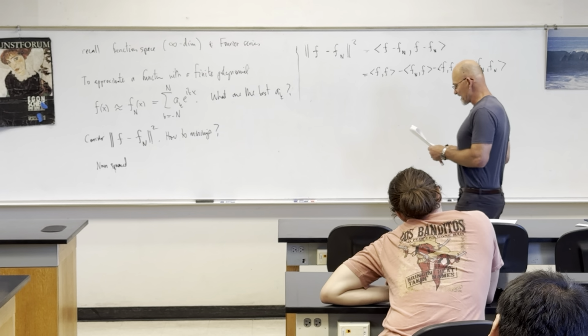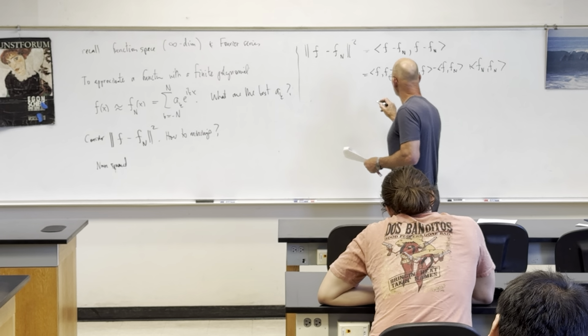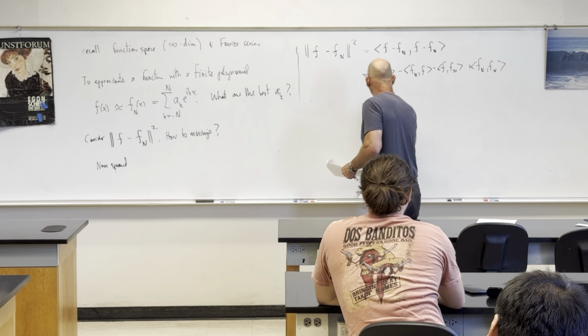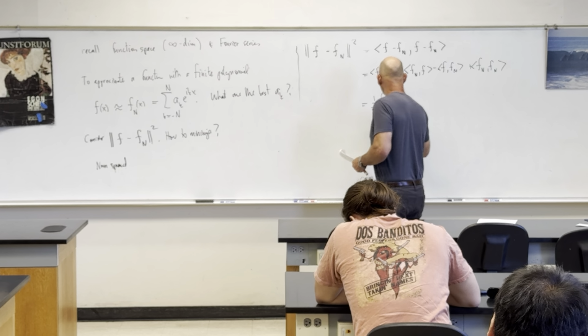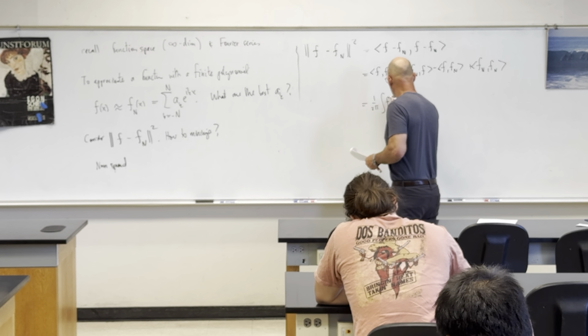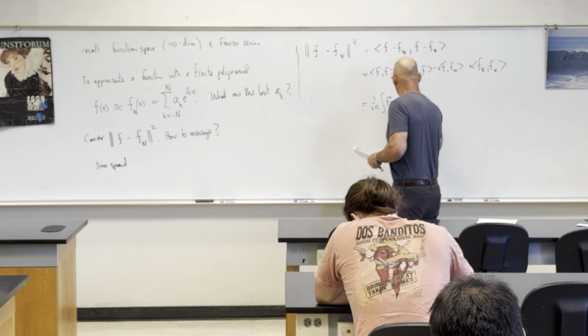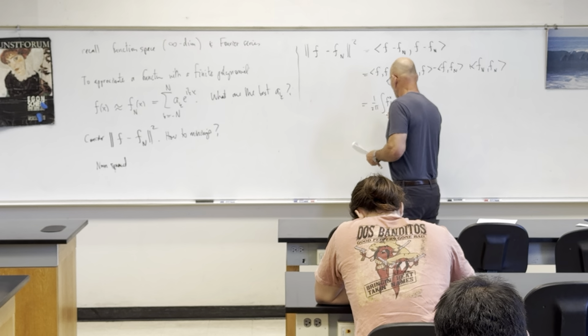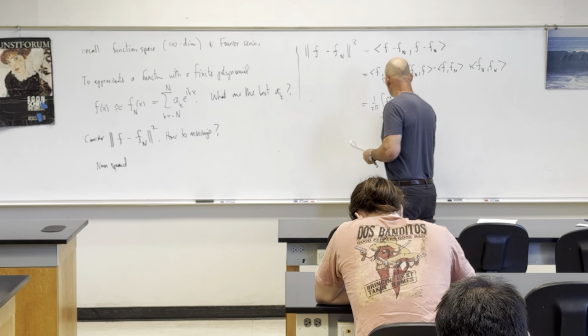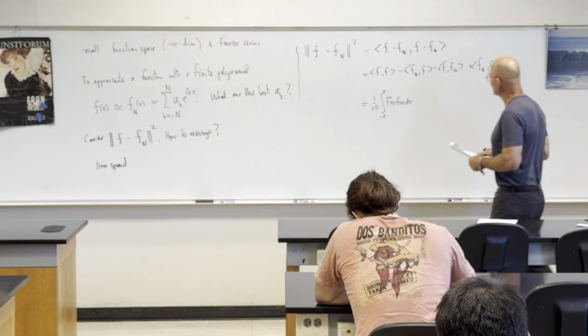And we can plug in right now. So this one is 1 over 2 pi, integral of f star of x, f of x dx, from minus pi to pi.